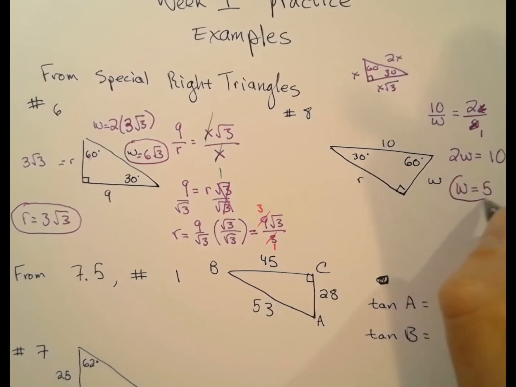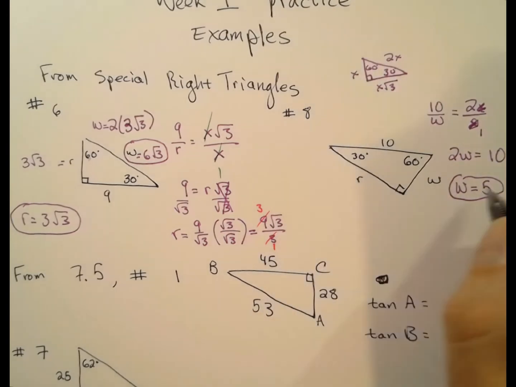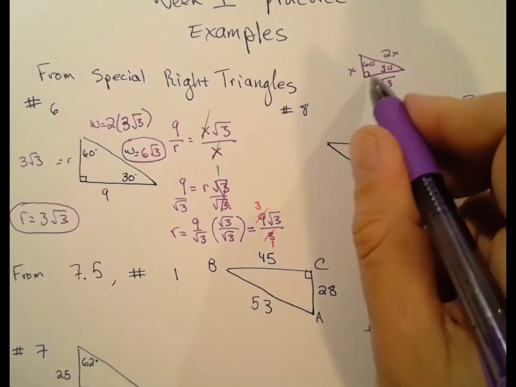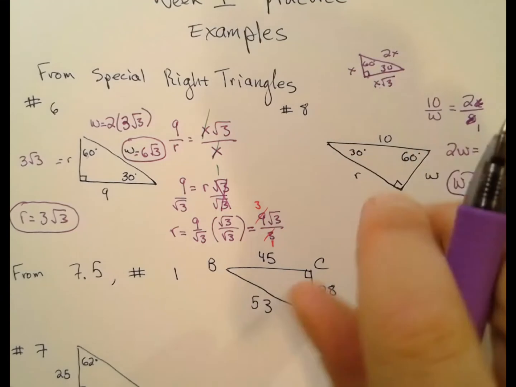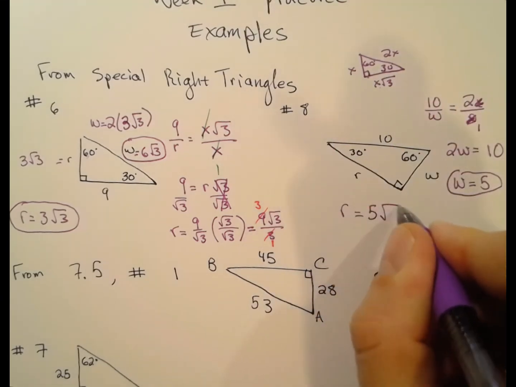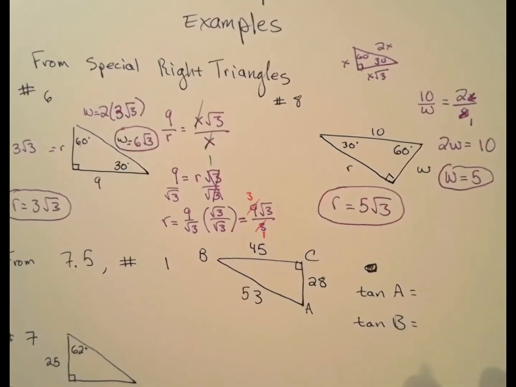Once you know the W value, we can get the R value by taking W, 5, and multiplying by root 3. Because R is the side between 90 and 30, that's x times root 3, and W is my x value. So those are the two answers for number 8.